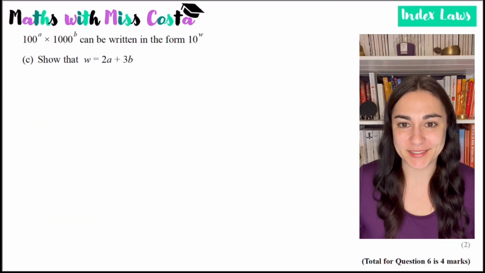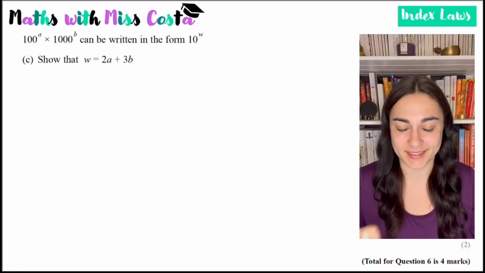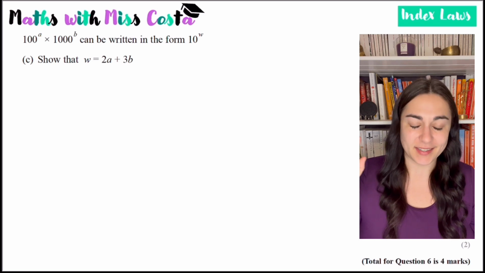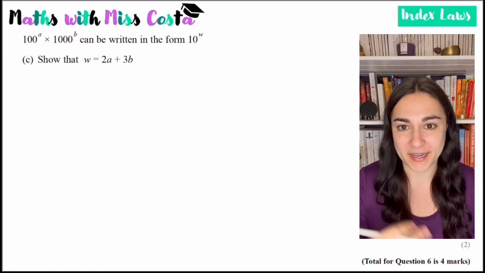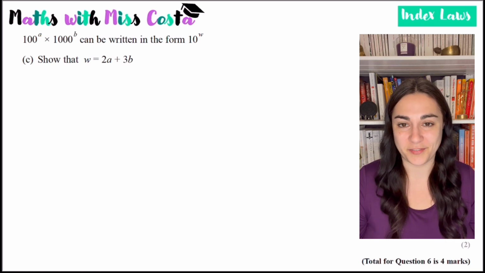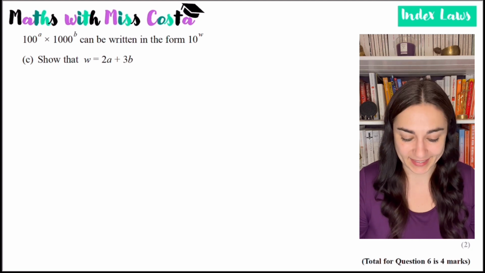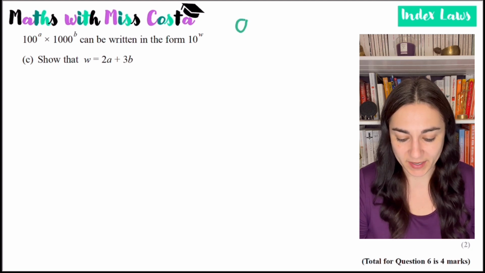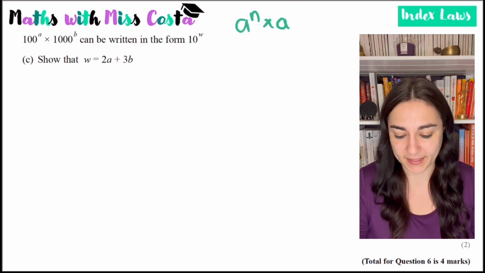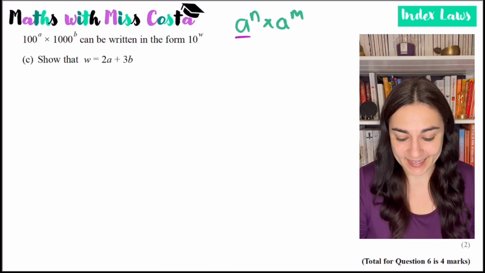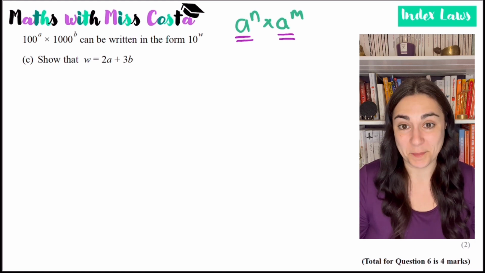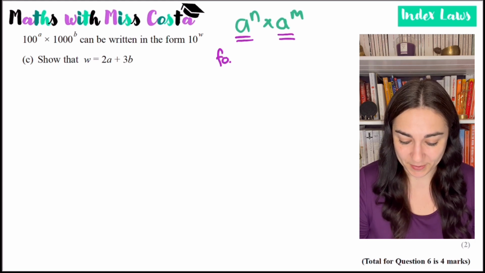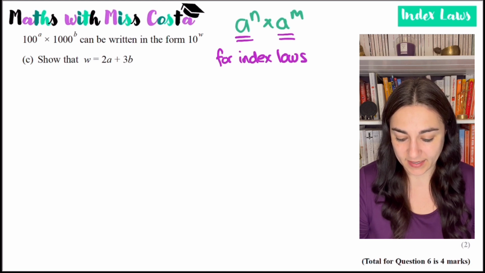Okay, so this next question is slightly trickier, so I've given it a whole slide of its own. Questions like these are becoming a little bit more common. They are quite unconventional and maybe not what you're used to seeing. But the key thing is that whenever you use index laws, one of the key fundamentals is that the numbers must have the same base.